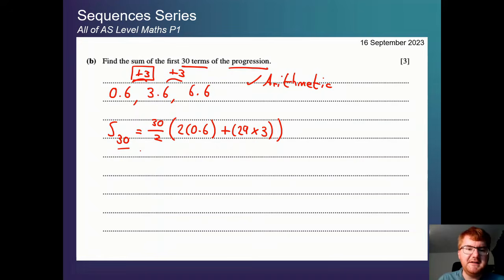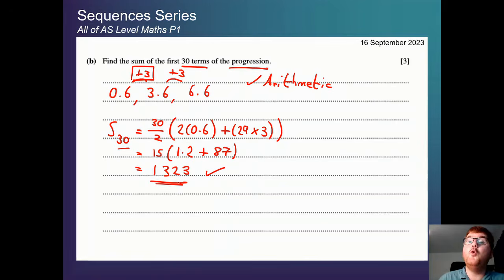Again, we can simplify this down, so we get 15, 1.2 plus 29 times 3 is 87. And if we pop the rest of this into our calculator, we can let it do the hard work for us. And I'm getting my final answer. Whole number is always a good sign, 1,323. And that gives me then all 3 marks for this part of the question.